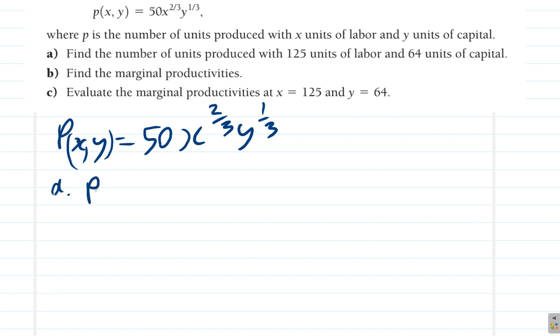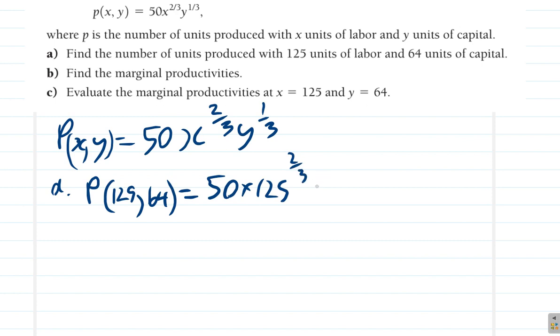So we're finding P of labor, which is x, so it's 125, comma, capital is y, so it's 64. So what we have is 50 times 125 raised to the power of 2/3 times 64 to the power of 1/3.